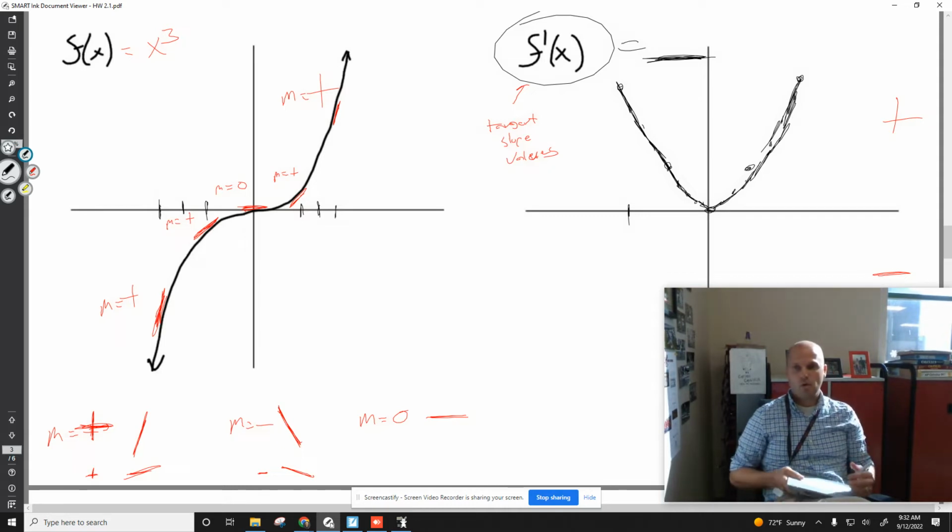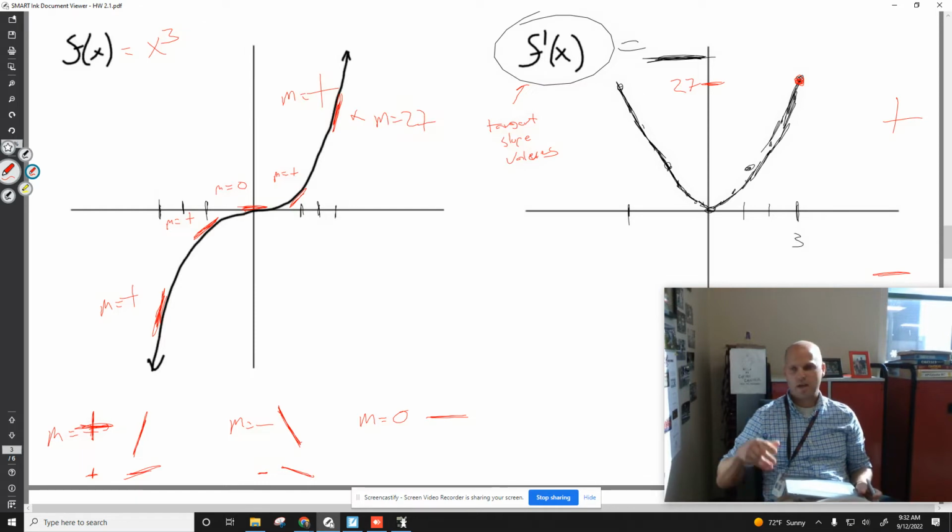And then I'm going to ask, what is the slope here at x equals 3? Well, we will find that this y value right here at 3 is 27. The y values on f prime tell you the slopes of f.